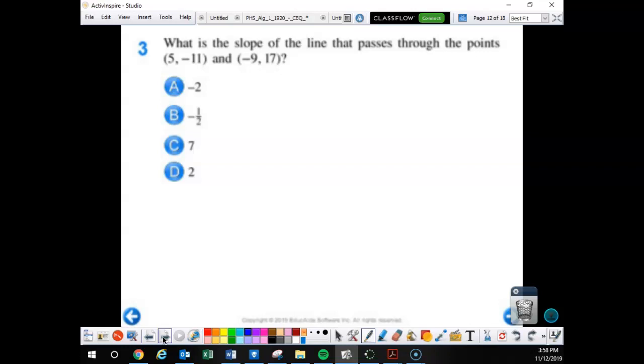All right, number 3. What is the slope of the line that passes through the points (5, negative 11) and (negative 9, 17)? So you have your x1, y1, and your x2, y2. In your slope equation, whenever you set it up, it's y2 minus y1 over x2 minus x1.